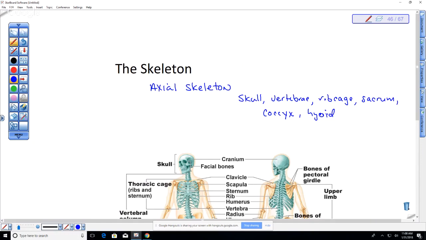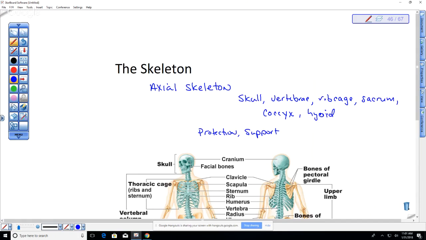Then we have what are called the girdles, which attach our appendicular skeleton, which would be the arms and the legs, to the axial skeleton. So one thing that the axial skeleton does is protection. It's also support. So the stacking of the vertebrae allows us to support our weight against gravity.